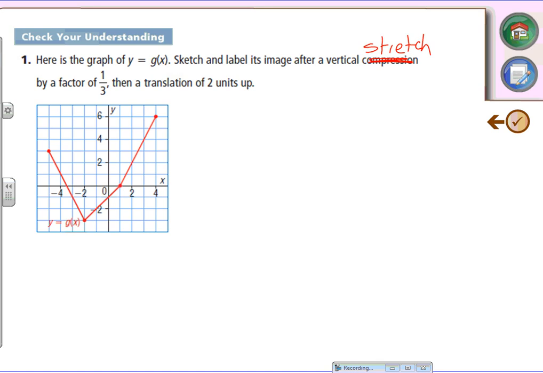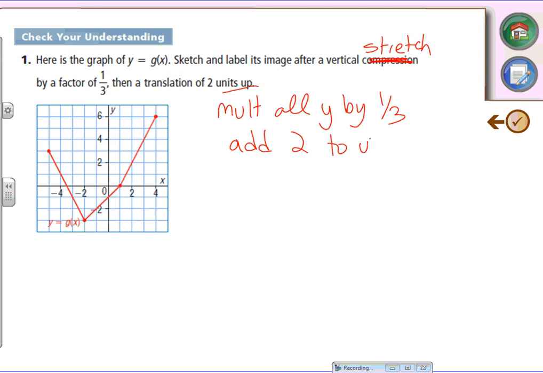So vertical stretch by a factor of 1/3 means multiply all y by 1/3, and translation 2 up means add 2, and it's going up, so to the y values. All right, let's do the stretch part first. So take every point, we're going to multiply it by 1/3, so that means how far away from the x-axis it is, and then move it 2 up.